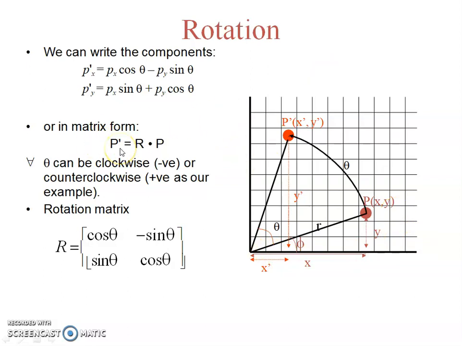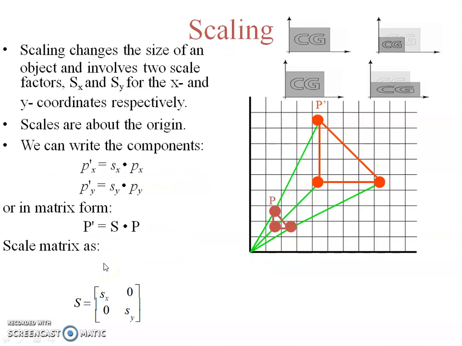In matrix form, we can write P dash is equal to R into P. Theta can be clockwise for negative or counterclockwise for positive. Then the rotation matrix will be R is equal to the matrix cos theta, minus sin theta, sin theta, cos theta. And next one is scaling.